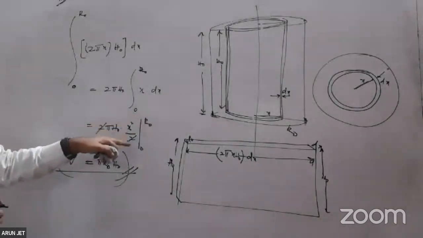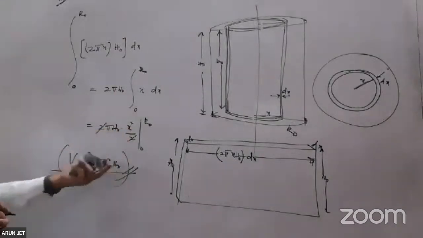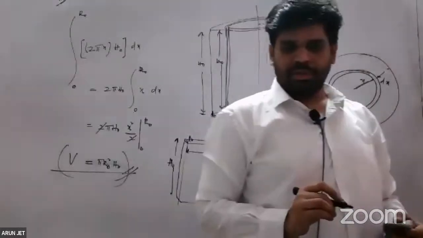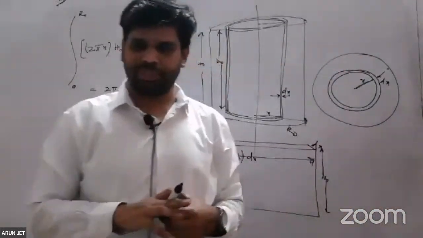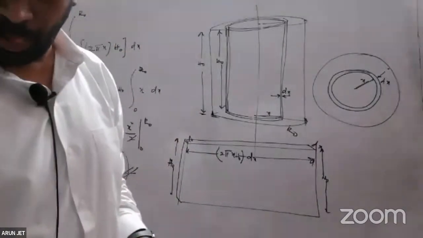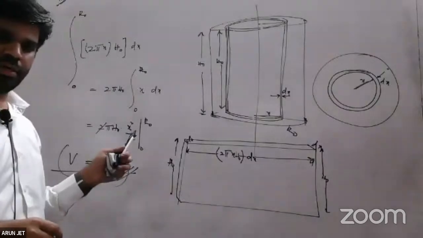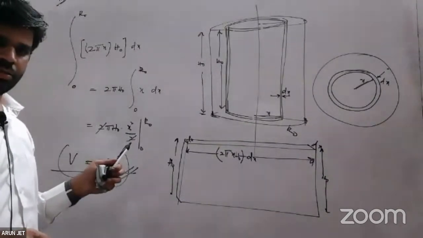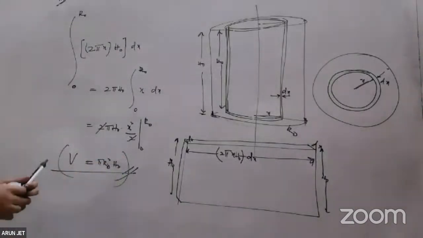Right? R square is the substitution of the upper limit, 0 is the lower limit, it goes away. So pi h r square, or pi r square h, is the volume of the cylinder. Fine, this is fine. But now let us come to this one. Is this procedure clear? Yes, sir. All right. Okay.